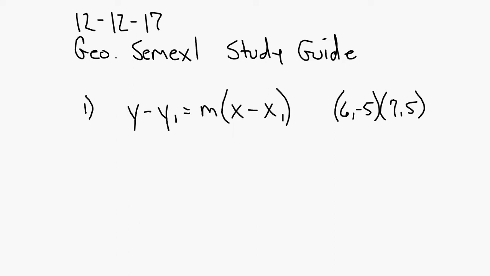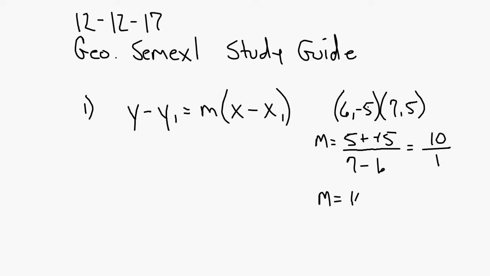So slope, m, is equal to y2 minus y1, so you got 5 minus negative 5, divided by x2 minus x1, so 7 minus 6. In this case, you got 5 plus 5, which is 10, and 7 minus 6, which is 1. So the slope, or the m, is equal to 10.